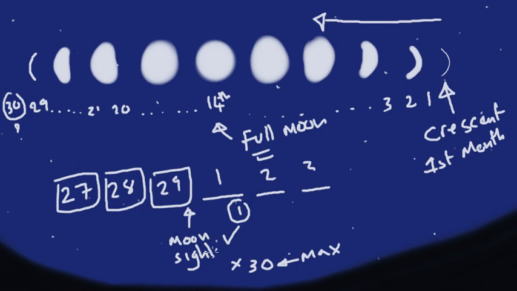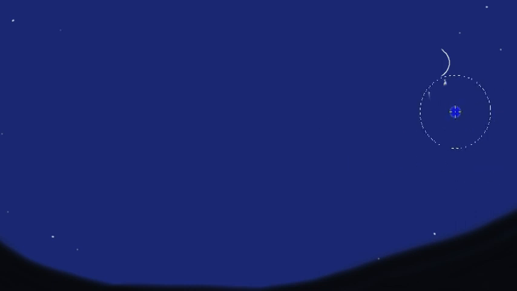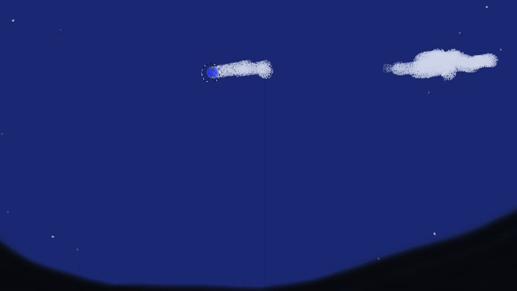Now the issue with the moon sighting itself is that sometimes the moon, although it's there, could be obscured. There may be some obstruction so that people can't see the moon. For example, let me show you. Let me just rub all this out. Let's say we have the crescent over here, and unfortunately, due to some reason, there are clouds in the sky, and so the crescent can't be seen visibly.